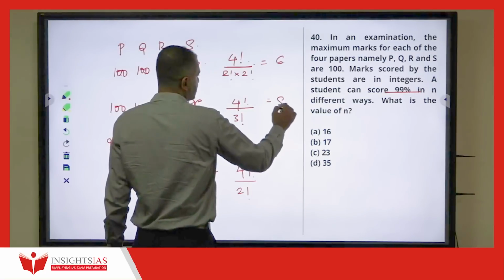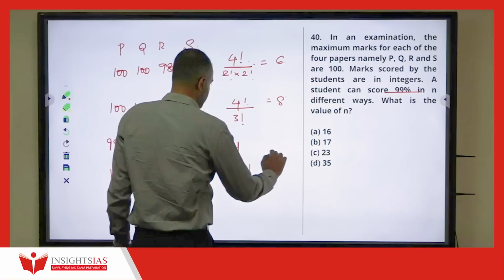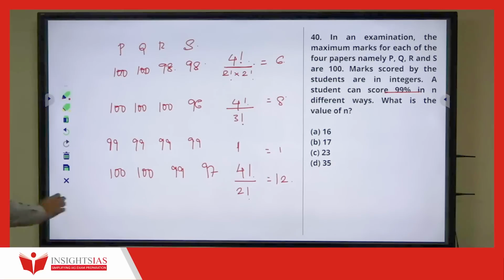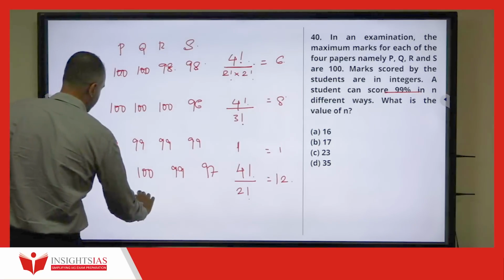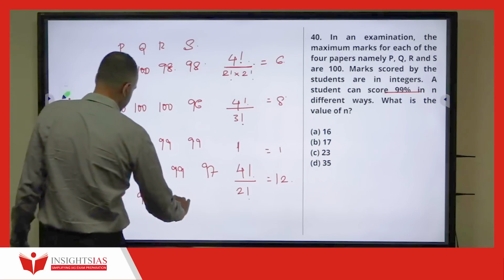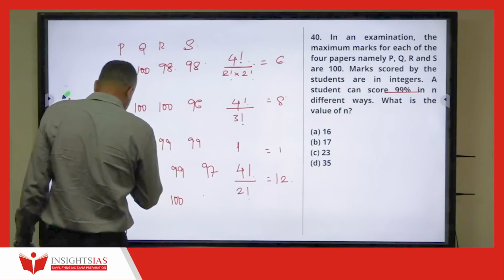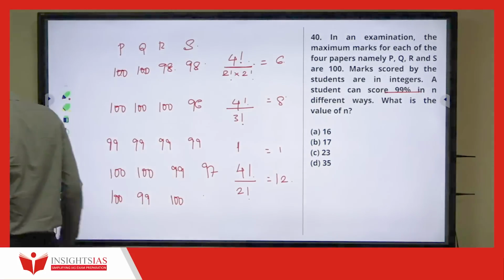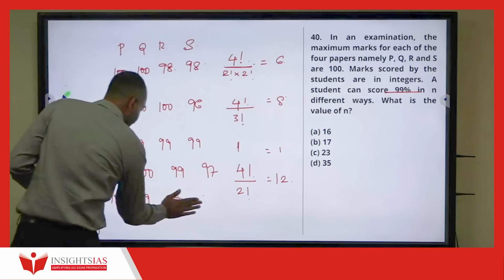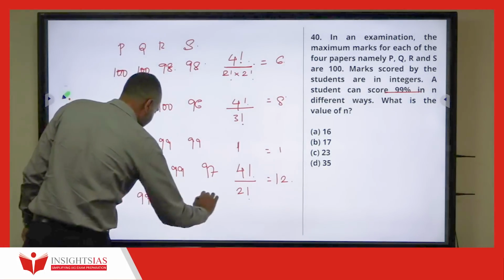This is 8 ways. And this is 1 way. And this is 12 ways. Okay, one more possibility. 100, 99, 100 and 99, 100, 99 and 98 also possible, right?